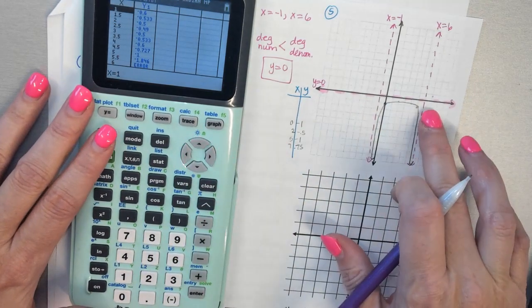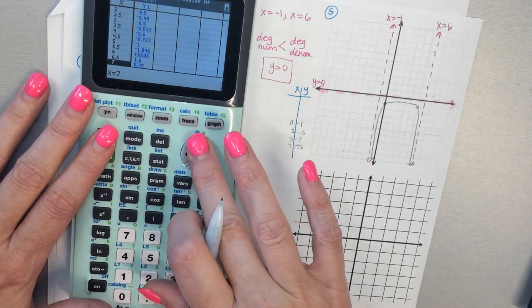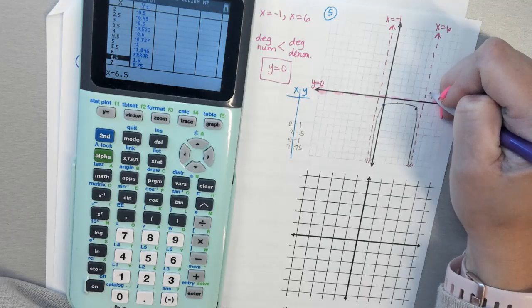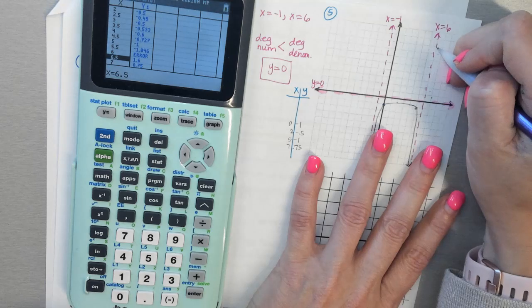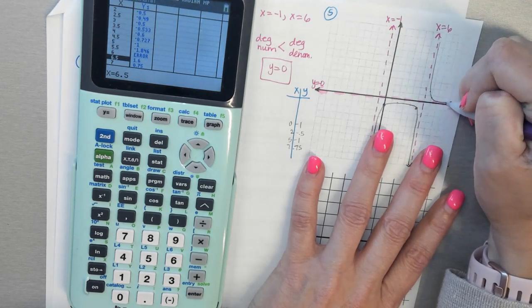If you want to see what happens in between 6 and 7 in this case, and then you have 1.6 there. Okay, so this is going to be going upward. We're just going to put that curve here.